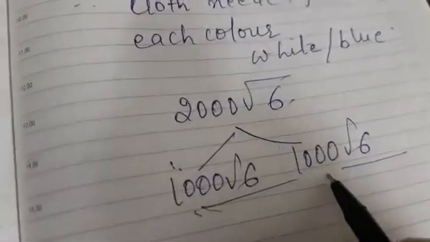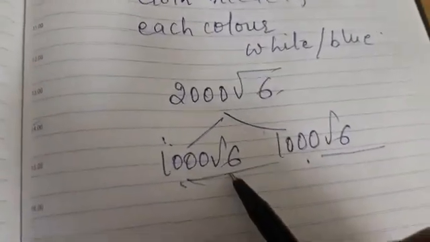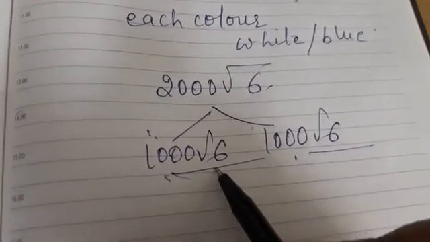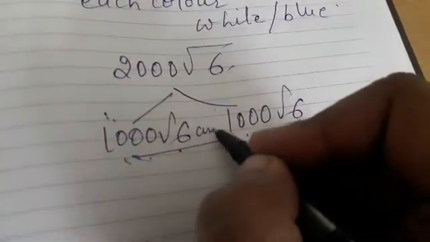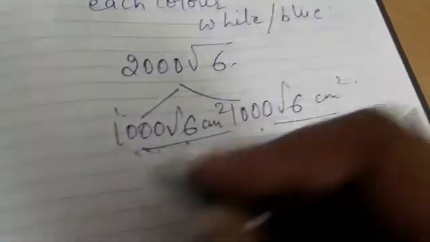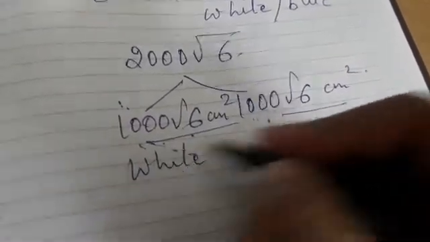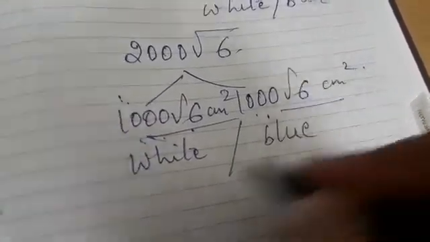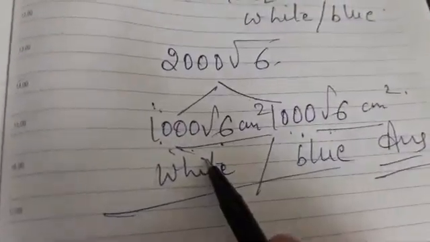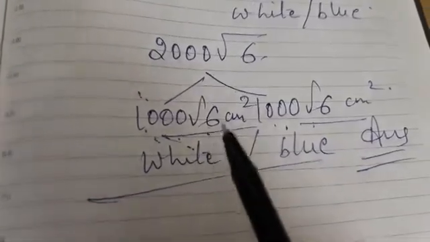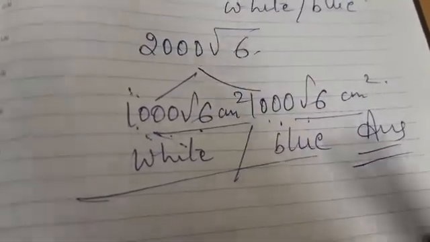This will be the cloth needed for stitching an umbrella of 2 different colors, that is centimeter square and centimeter square. So this we assume it to be white color and similarly blue color. This is your final answer, because separately it is asking how much cloth is required for each color to make the umbrella.